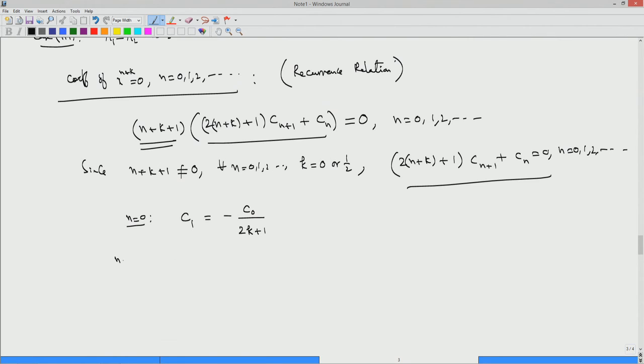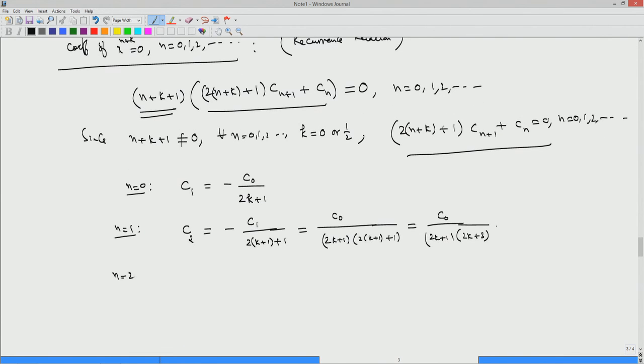Put n equal to 1: you get C2 equal to minus C1 divided by 2k plus 2, which gives plus C0 divided by (2k plus 1) into (2k plus 3).